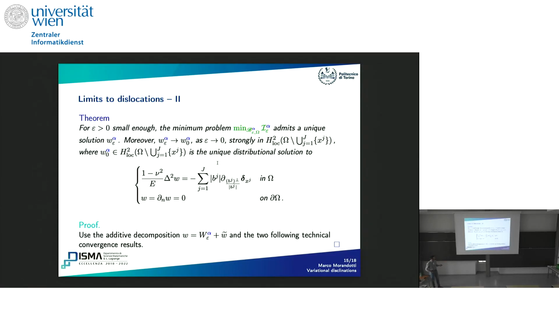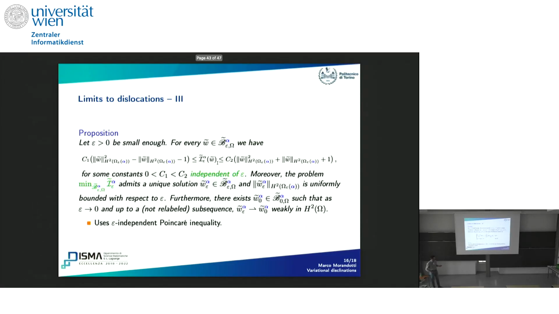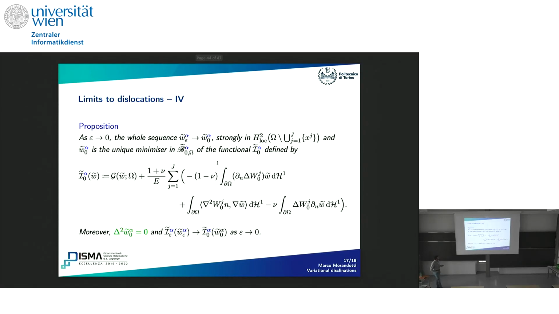And then to do this, we apply that decomposition and use these two following technical results that are basically an epsilon independent Poincaré type inequality, which was obtained in the paper by Cermelli and Leoni, and then we could reobtain again in our setting, this one here. And the following proposition here that tells us how the energy scales.